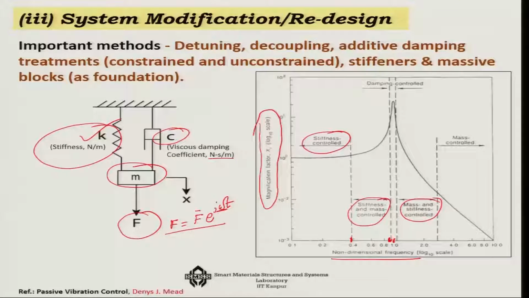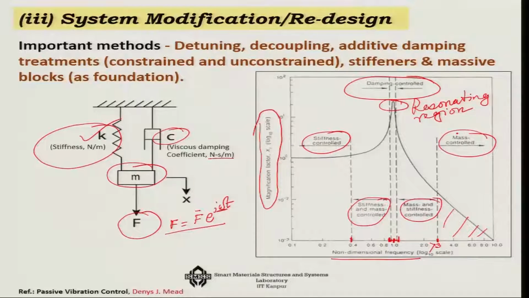And between the half power points, this region, it is actually the resonating region where it is damping controlled. And once again, beyond the value of about 3 or so, greater than 3, the response is actually mass controlled. So, that is also interesting.